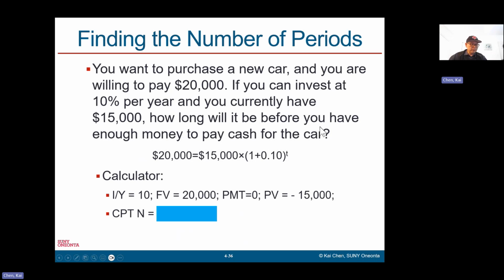You want to purchase a new car, and you are willing to pay $20,000 if you can invest at 10% per year, and you currently have $15,000. How long will it be before you have enough money to pay cash for the car?